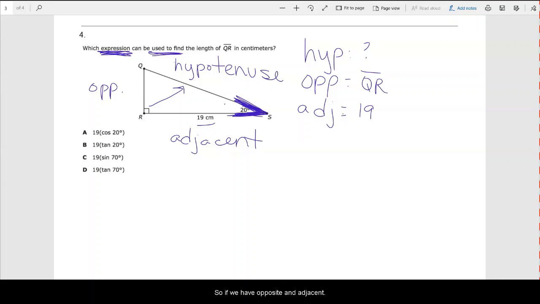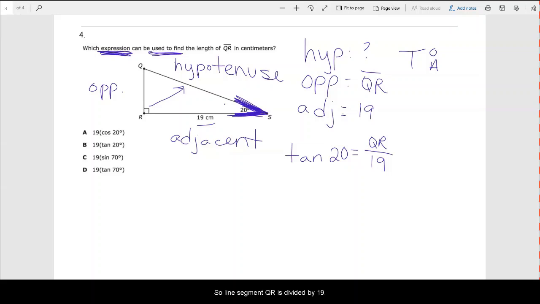So we have an opposite and adjacent, so we're going to use tangent, which is opposite over adjacent. Our angle is 20 degrees, so we're going to put tangent of 20 degrees is equal to opposite, which is QR, over 19, which is adjacent. And then we're going to get QR by itself.